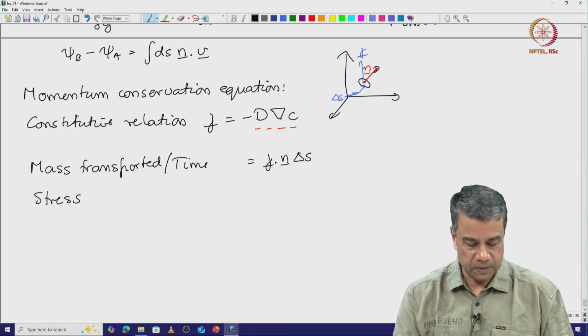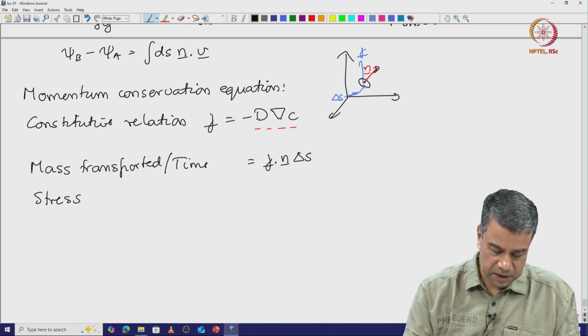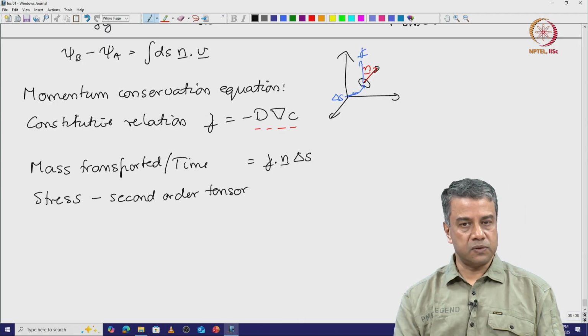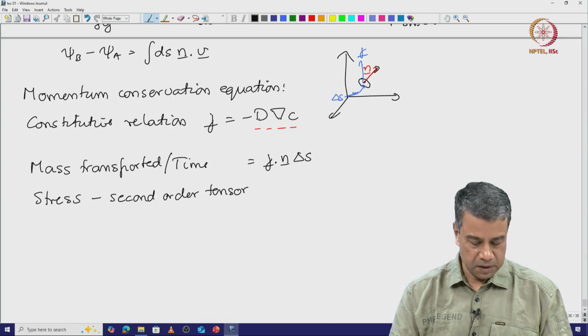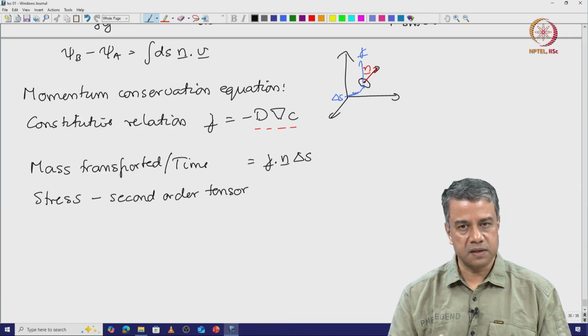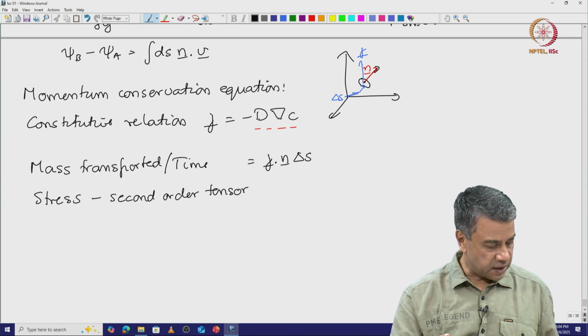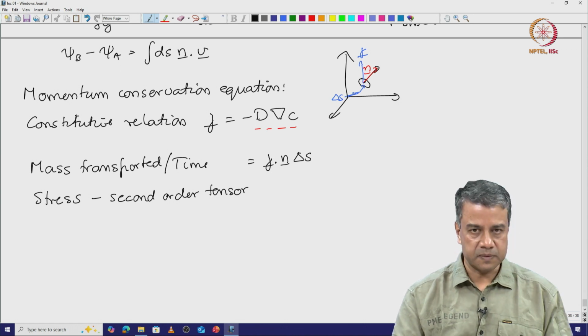The flux of momentum is what is called a stress, and it is referred to as a second order tensor, because it has two directions associated with it. One is the direction of momentum itself, and the second is the direction in which the momentum is transported.